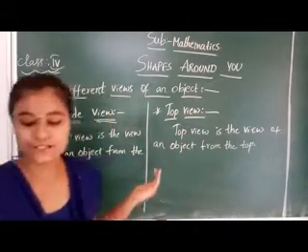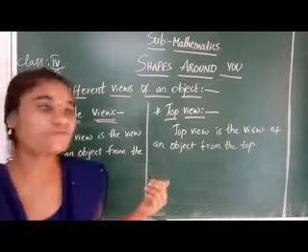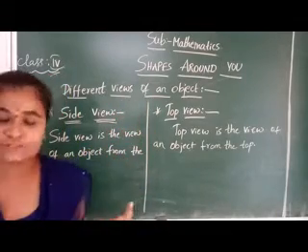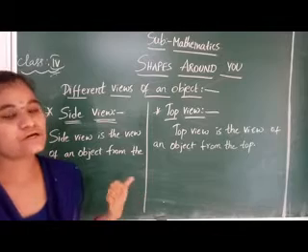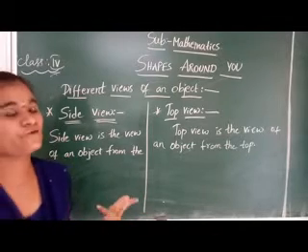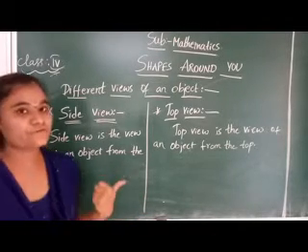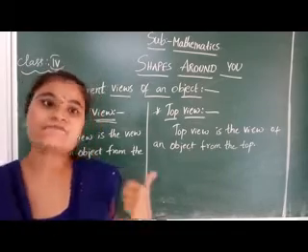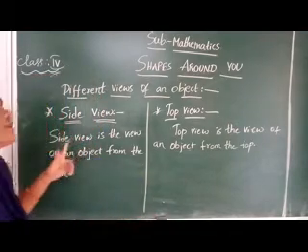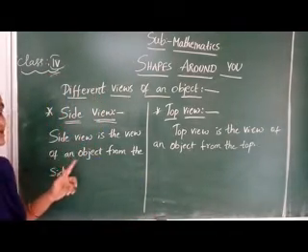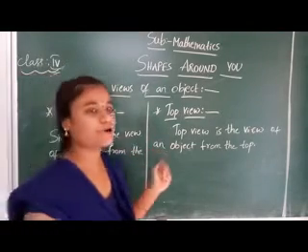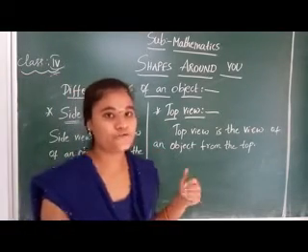So, what did we learn today? Different types of views of an object. There are three types of views: front view, side view and top view. Front view is the view of an object from the front. Side view is the view of an object from the side. Top view is the view of an object from the top.